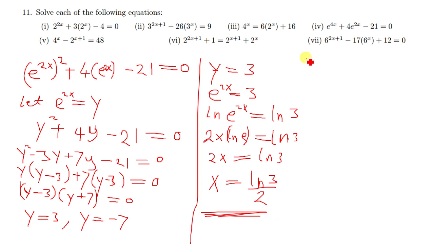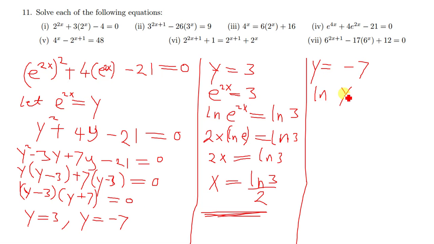So this same applies to the last part there. You do the same. You say your value of y there is just equal to negative 7. So you're going to introduce the lns on both sides.